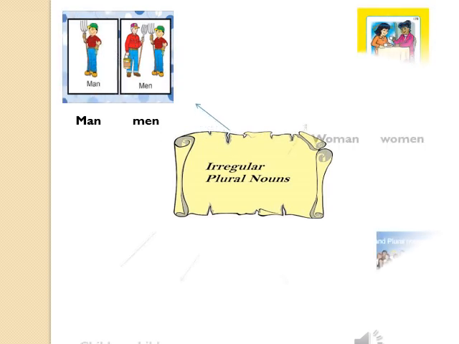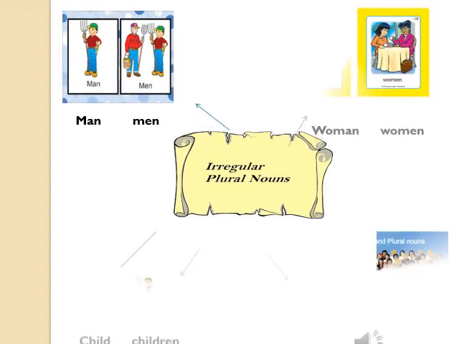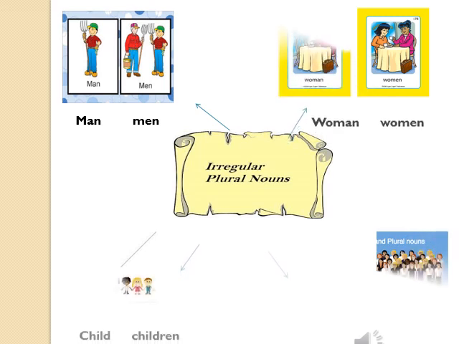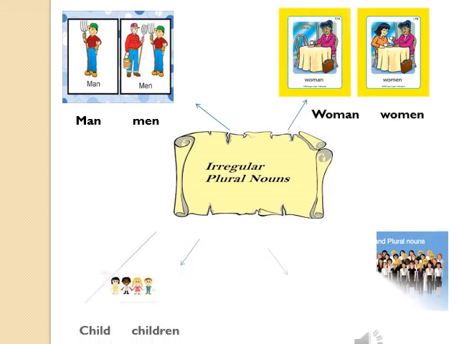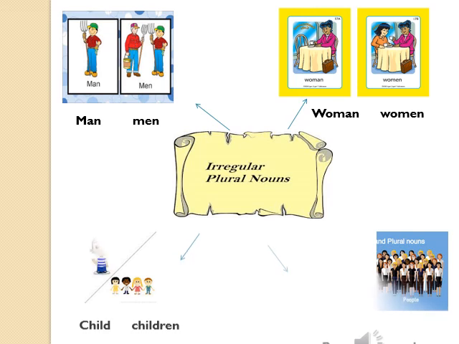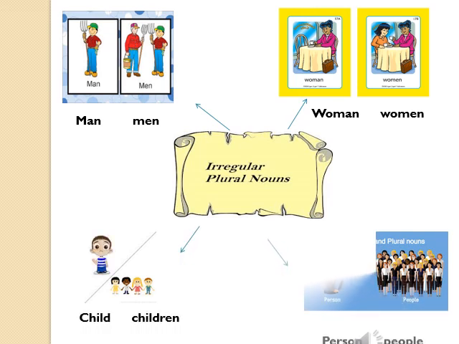The plural of man is men. The word woman. The plural of woman is women. Child. Children. Person. People.